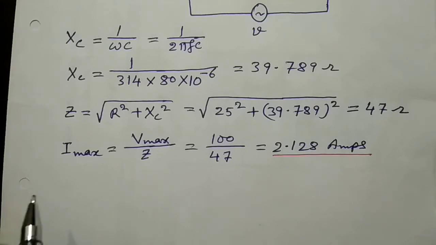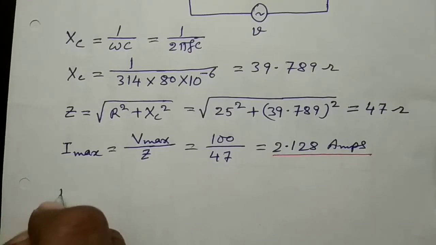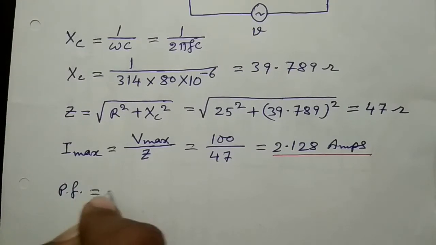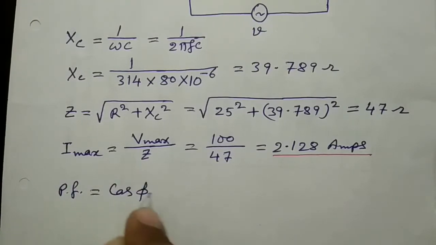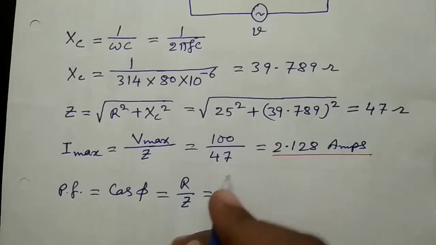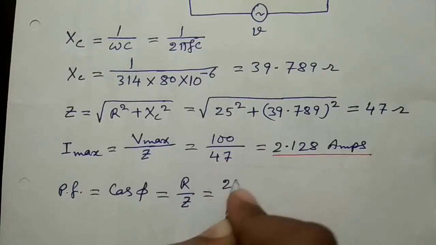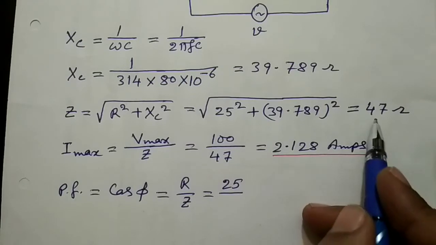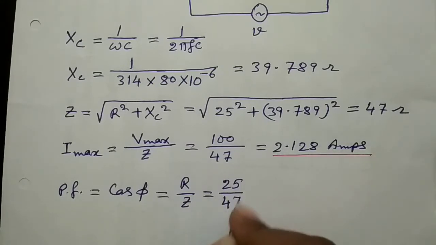The second part is the power factor of the circuit, and we know that the power factor of a circuit is cos phi, or it can also be written as the ratio of resistance to impedance. Here the resistance is 25 and the impedance we have calculated is 47.